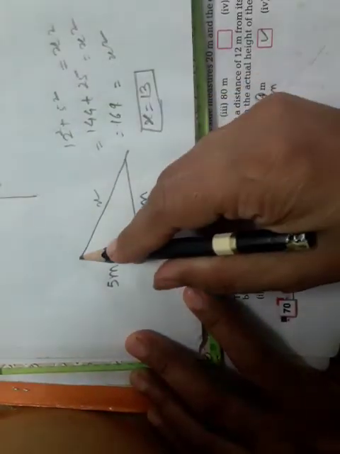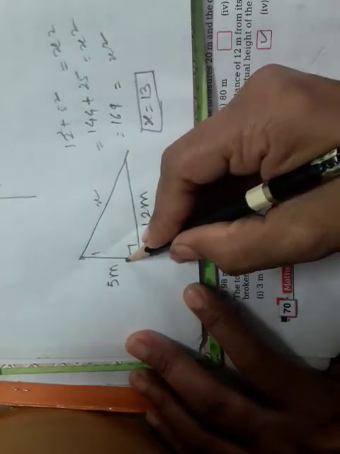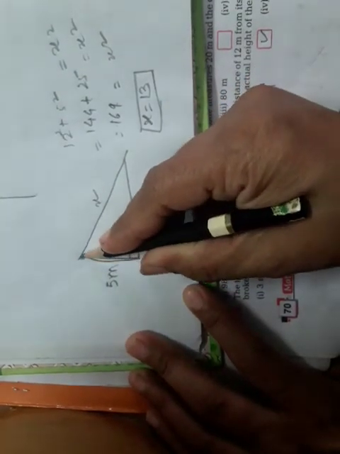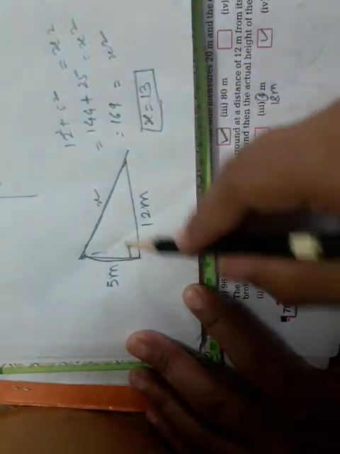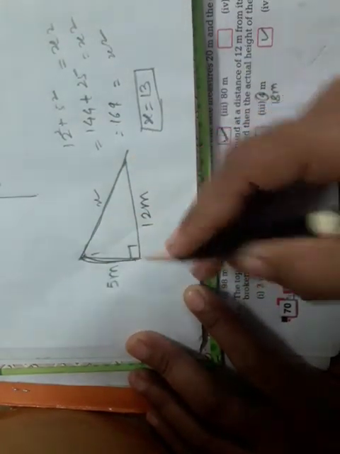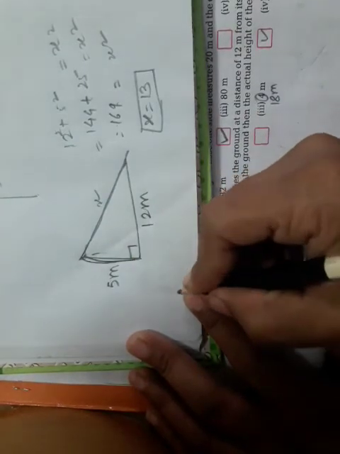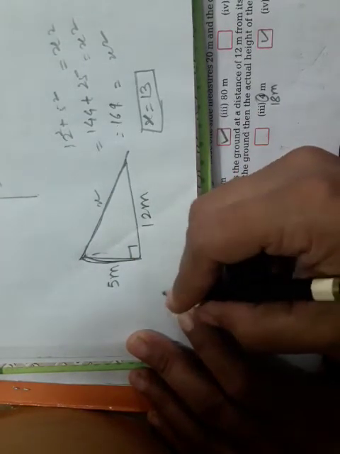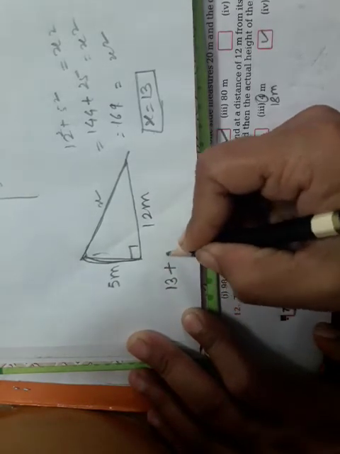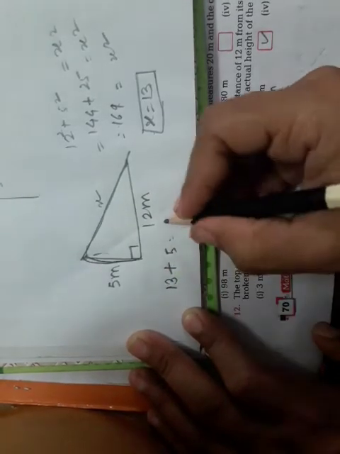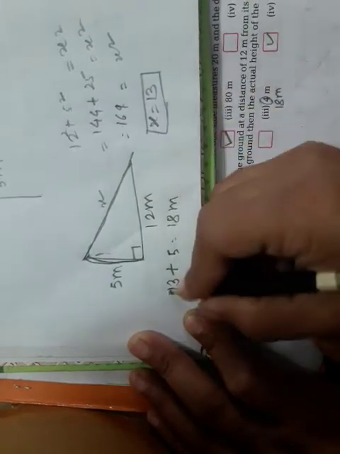Now, this tree is broken and fallen down. Now we have to add this also. To find the height of the actual tree, we have to add 13 plus 5. Therefore 13 plus 5 is 18 meter. But in your book there is no option of 18.